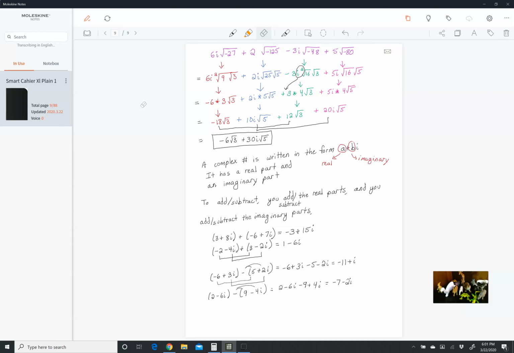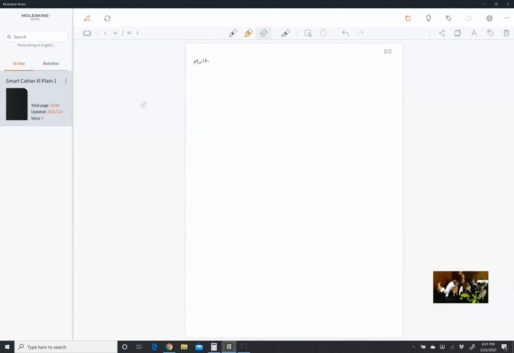Okay, multiplication. So this is just distribution. So we have, let's take 2 plus 7i times negative 3 plus 4i. So everything in the first gets distributed to everything in the second.